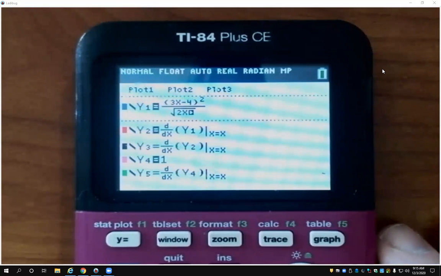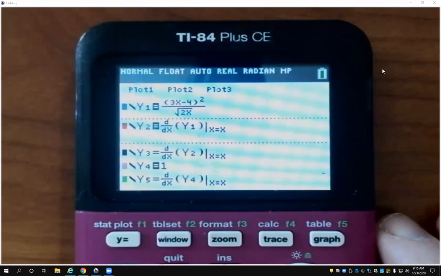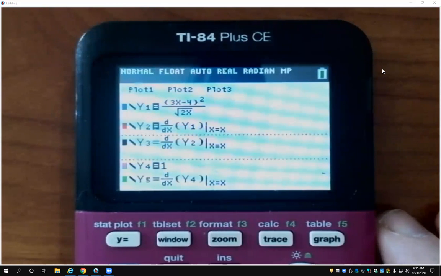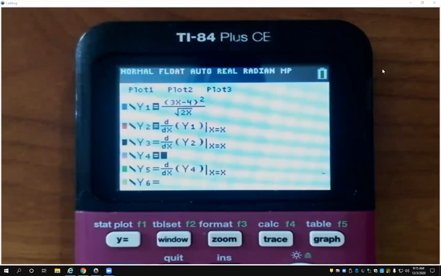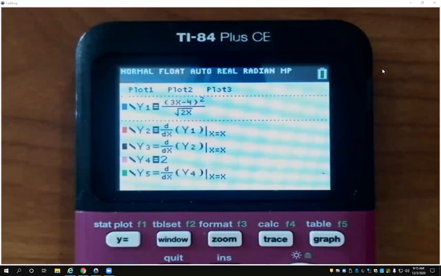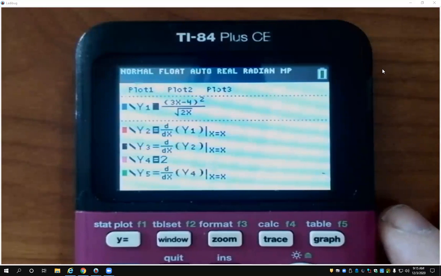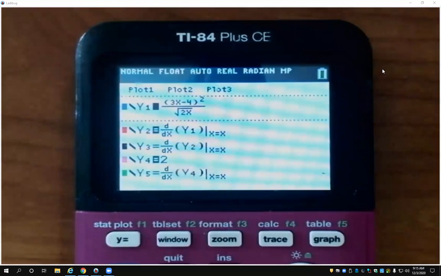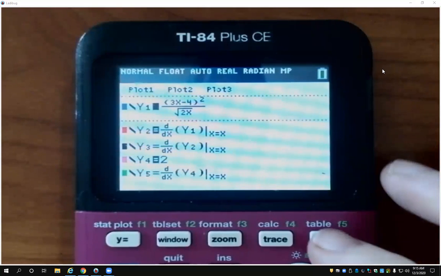I'm going to go down here into y4 and change that to be a 2. Then I'm going to turn my y1 off because I don't want to see f of x. I want to see the derivative, which is in my y2, and I want to know when they are equal.